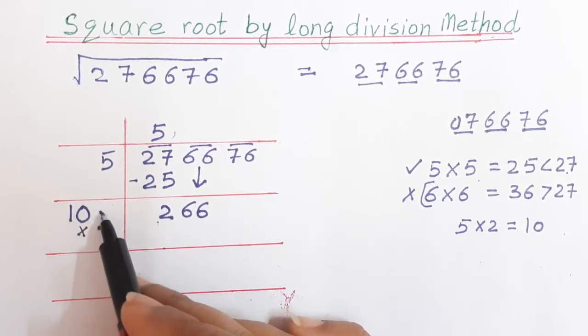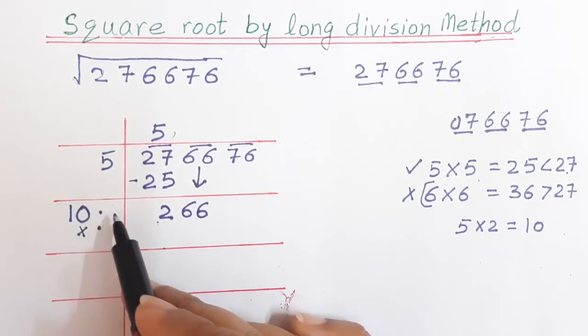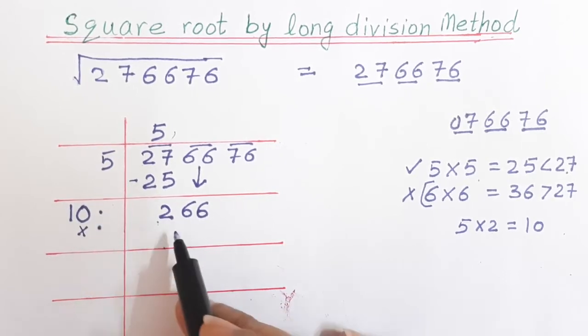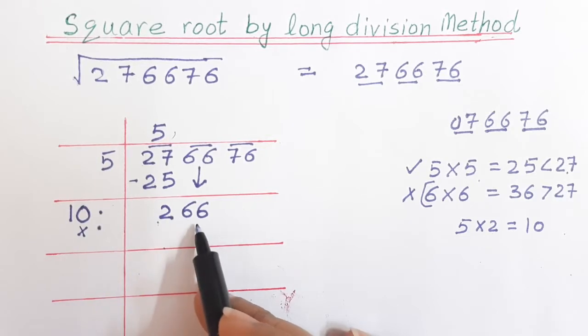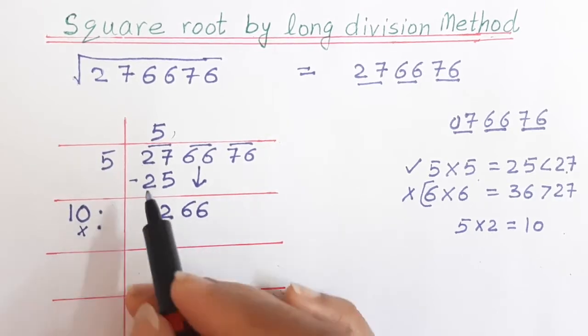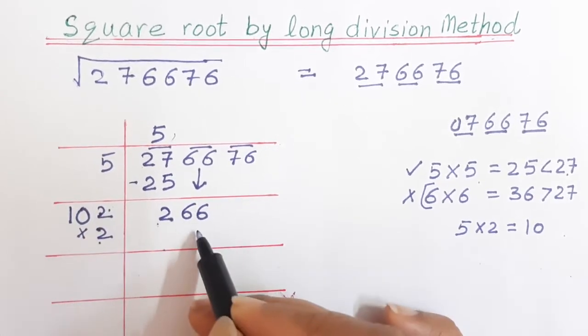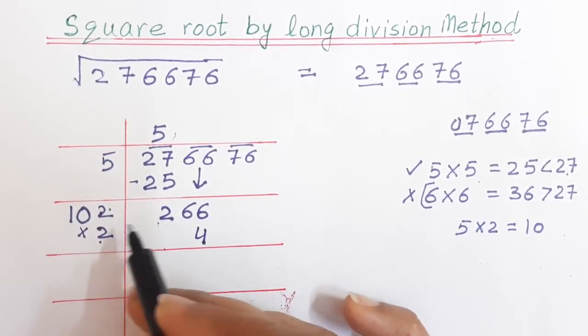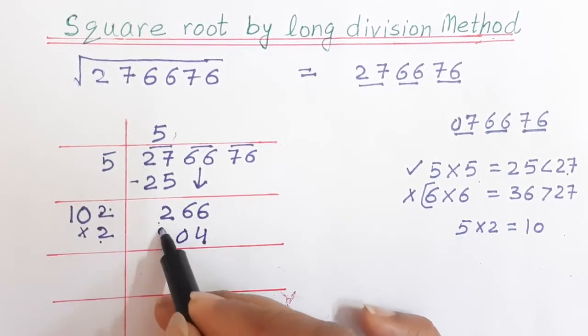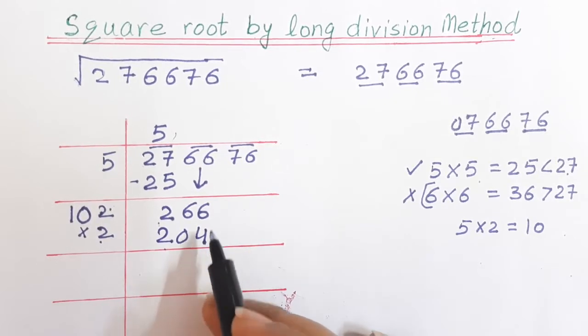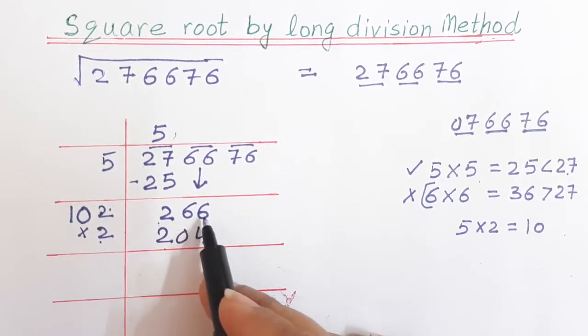After 10, you can take any number: 0, 1, 2, 3, 4, 5, 6, 7, 8, 9. Take any digit and multiply it with the same digit so that you come closer to 266. Now students, if I take 2 here and 2 here, 2 2s are 4, 2 zeros are 0, 2 1s are 2. 204 is very close to 266.